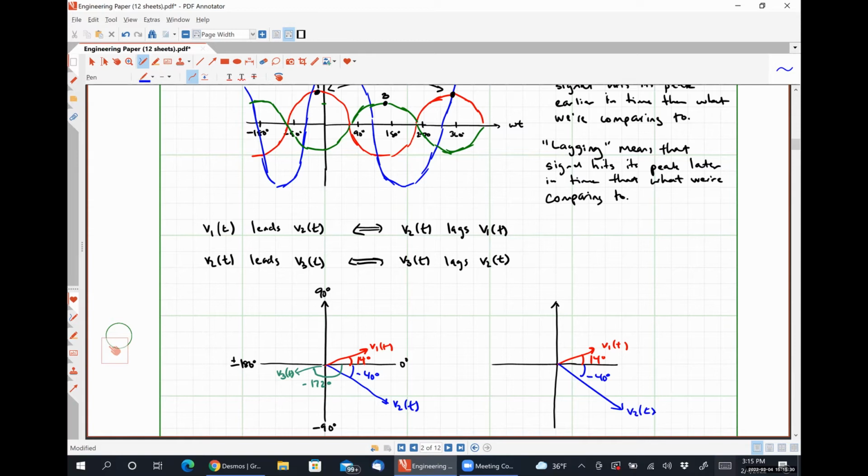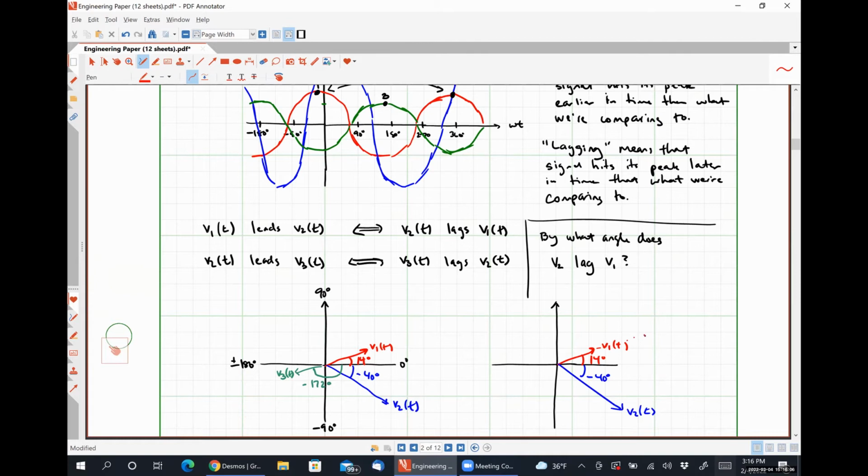So if I want to know by what angle V2 lags V1, I'm going to extend this just real quick.